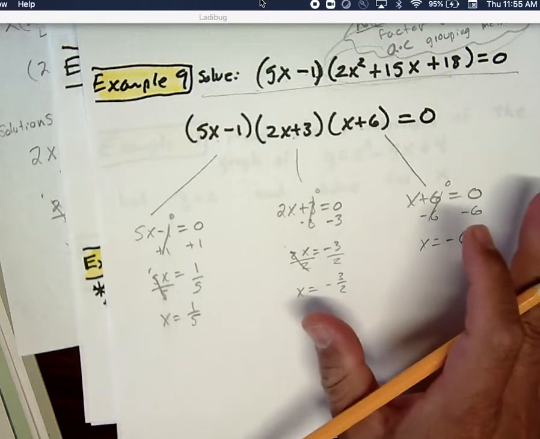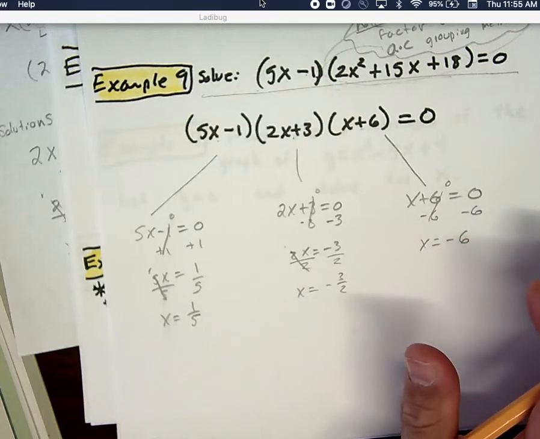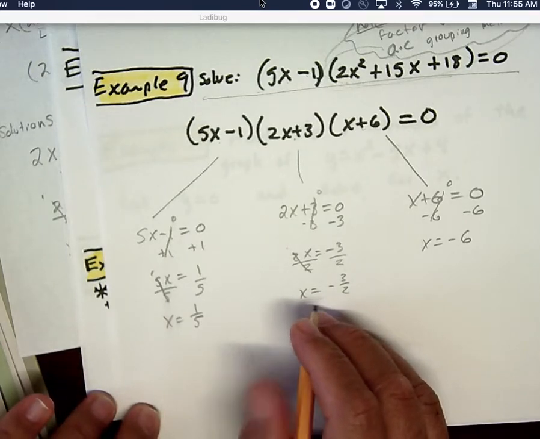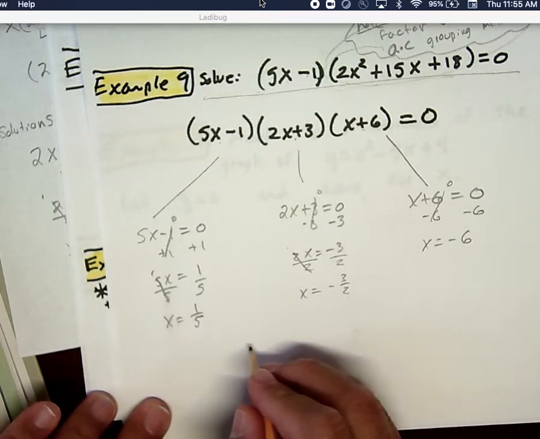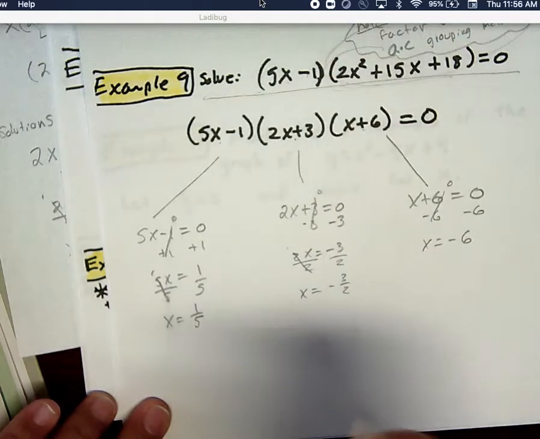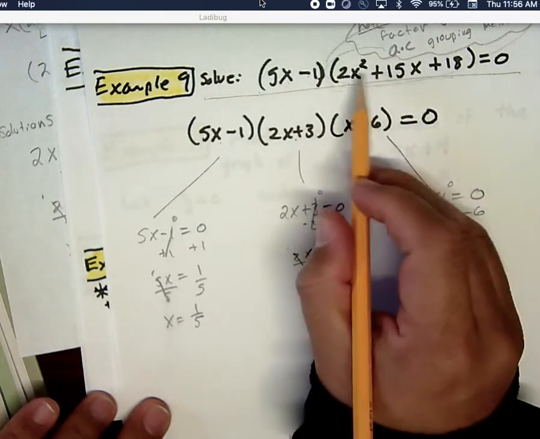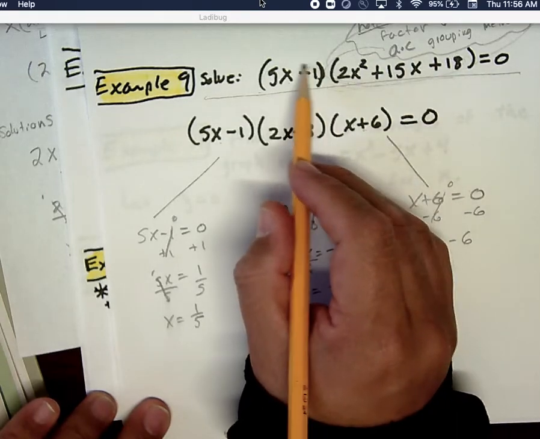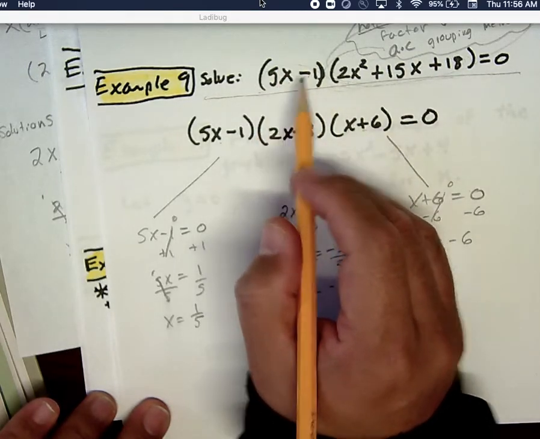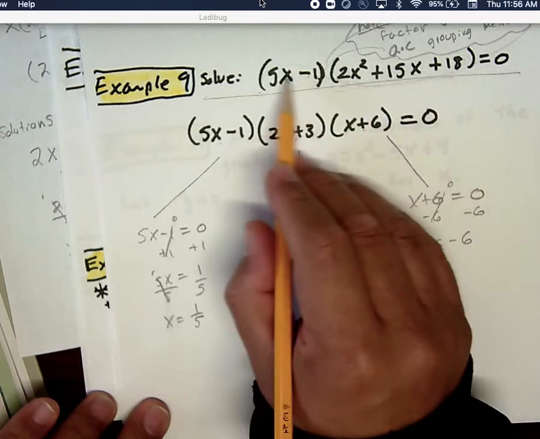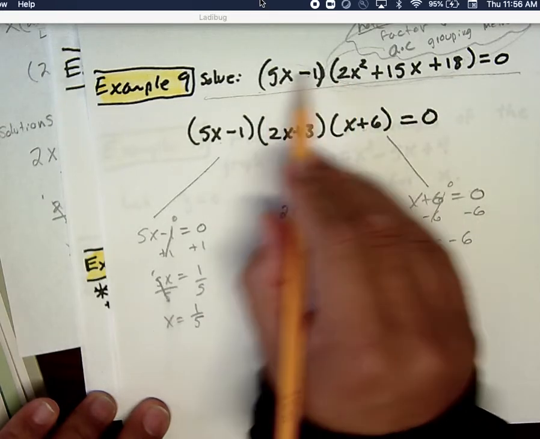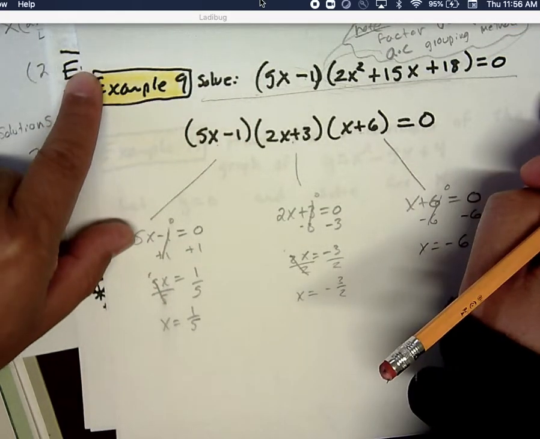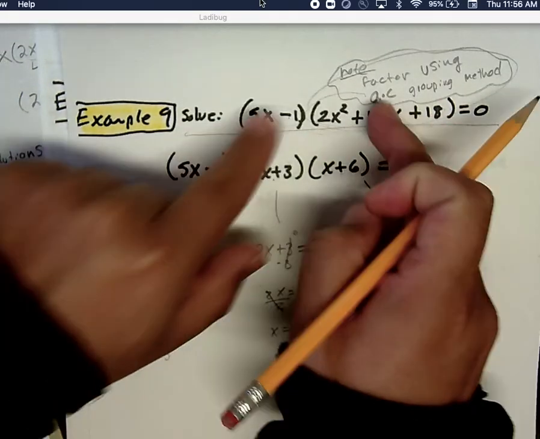So this question has three solutions, and you're going to ask how come it has three solutions? Because quadratic equations can have at most 2, and that's because this is not a quadratic equation. This one is a quadratic equation in itself, but you have these other parts here. Let's say we were to distribute this into this, creating the original polynomial, going backwards.